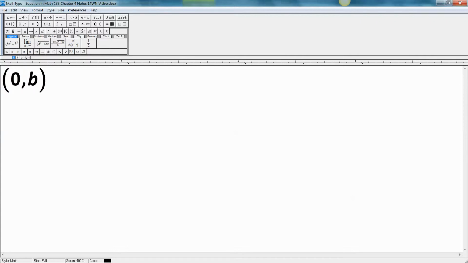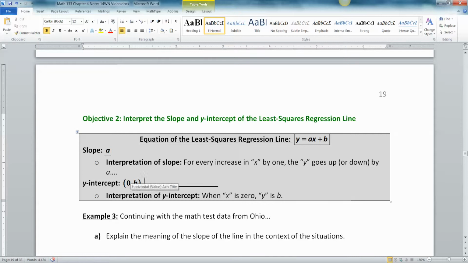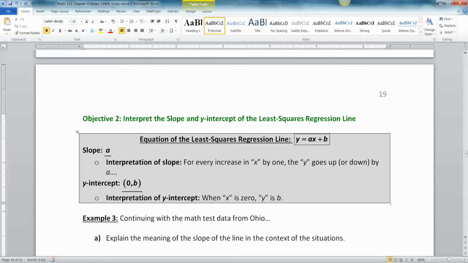Technically, it's a point, so you need to have an x and a y, and the x is 0 if you're on the y-axis. So that's 0, comma b. That's your y-intercept. Now, how do you interpret them? So the interpretation for slope is for every increase in x, quote unquote, by 1, the y, quote unquote, goes up or down by a.